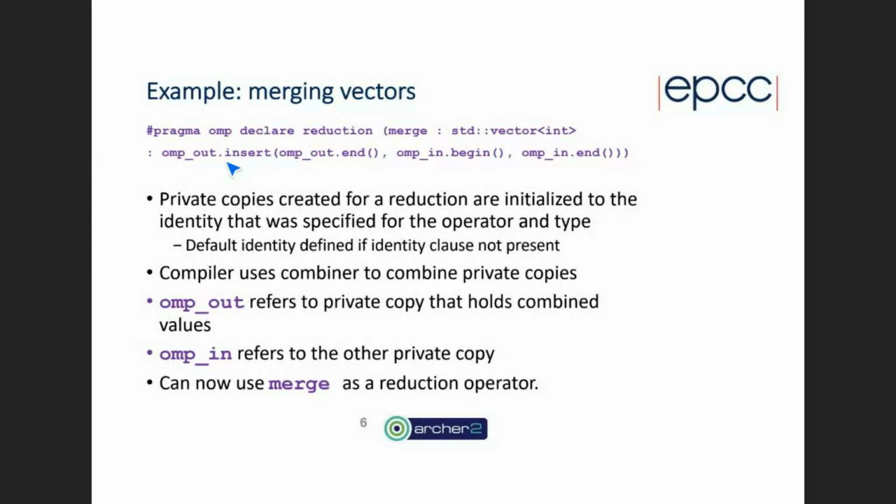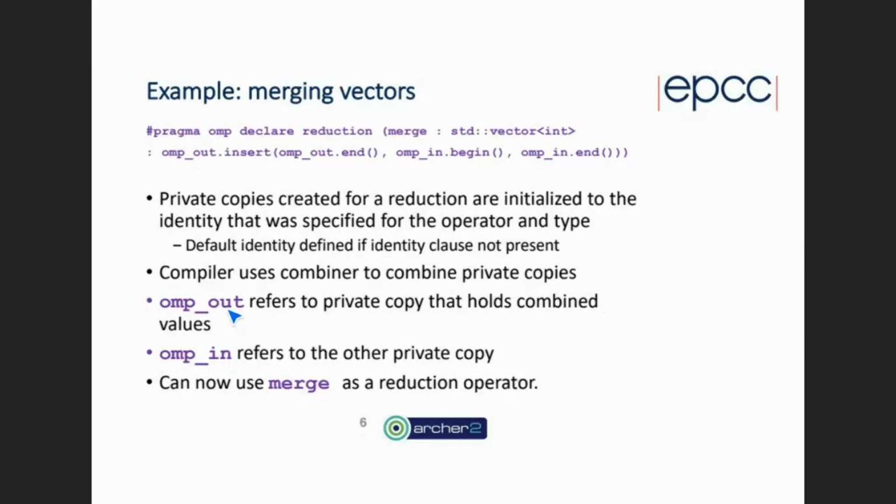There are two special defined variables: omp_out and omp_in. omp_out refers to the private copy that's going to hold the combined values. We're going to combine omp_out and omp_in and produce omp_out, overwriting omp_out.